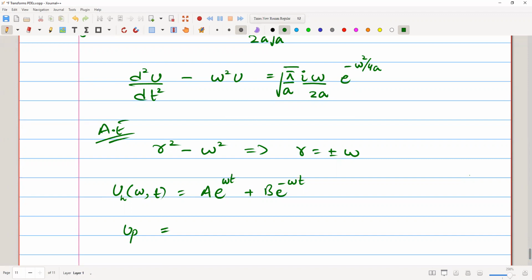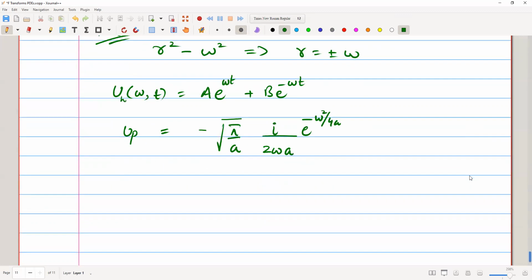So I'm writing it directly, so it will be negative square root of pi over a iota over 2 omega a e to the power negative omega squared over 4a. So this is our UP.